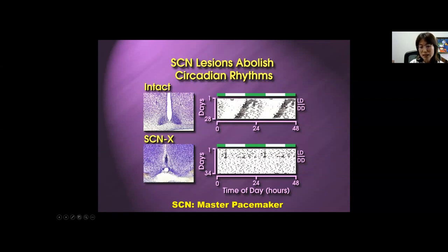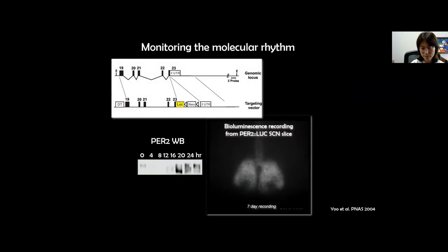When they did this experiment lesioning the SCN, they saw that the mouse became totally arrhythmic. So from this point, people really believed that without the SCN, there is no behavioral circadian rhythm. So behavior study is very good for circadian study.